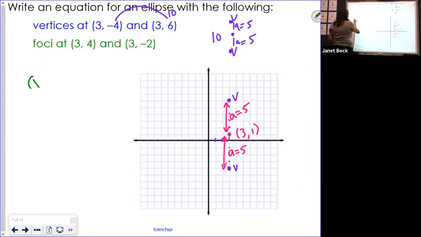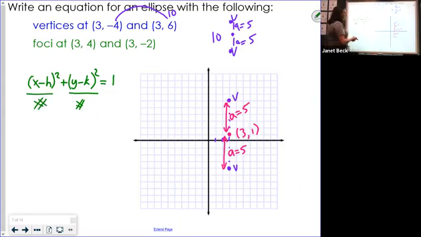The equation is going to be x minus h squared over some number squared plus y minus k squared over some other number squared equals 1. Those would be 2 different numbers. I know I'm going up and down by 5, so that number there is going to be 5 squared. It was a vertical change, so 5 squared is going to go in there.